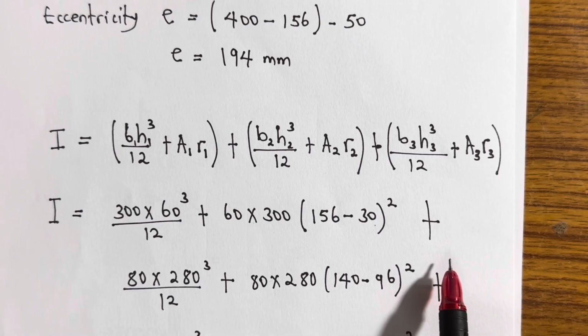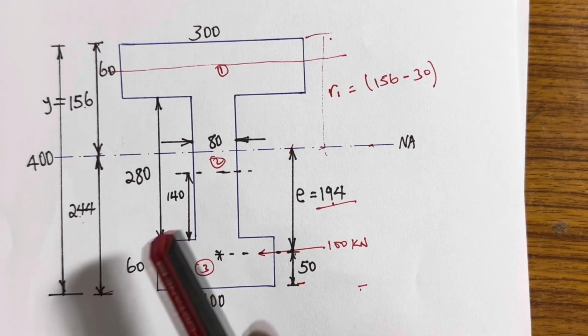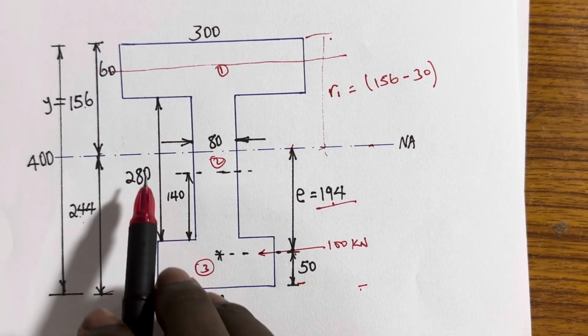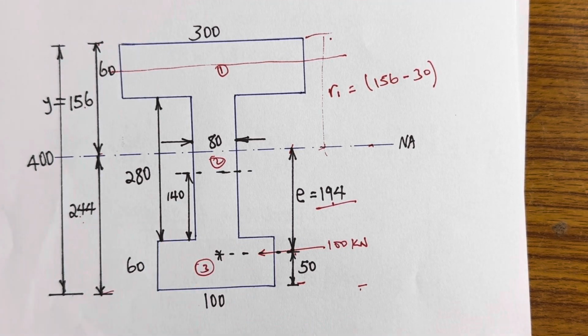Apply the same to the second figure. The second figure is the web, and the area is 280 times 80. The thickness is 80. Now what is the breadth here, and what is the H here? Here is where you will easily get confused if you don't follow carefully, because people think that what is long is supposed to be the breadth, which is not the case.